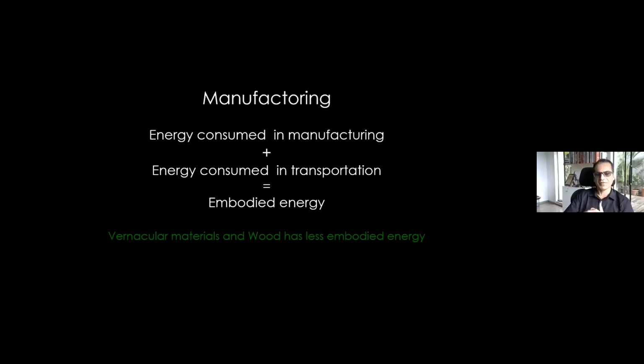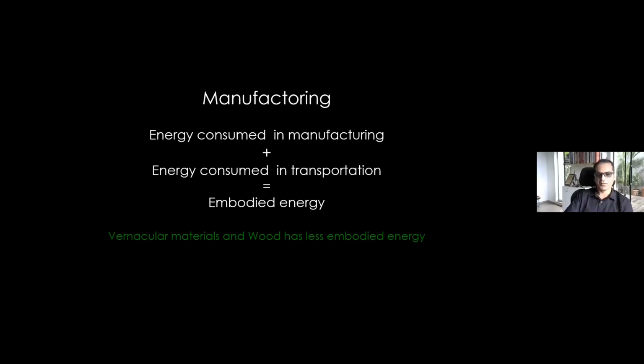And some natural materials like wood, if the wood is planted exclusively for construction purposes as a building material, like they do in Indonesia, or even in India now, where we started doing that with bamboo, then it is sustainable. The wood grows on two natural things, water and sunlight, through photosynthesis, so it doesn't require any mechanical energy.